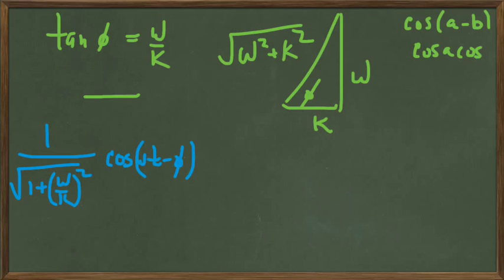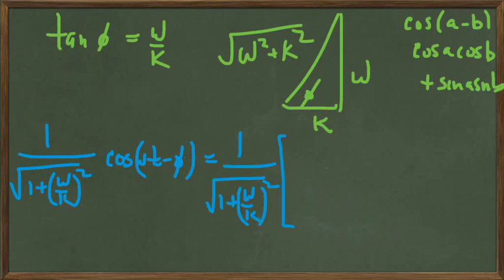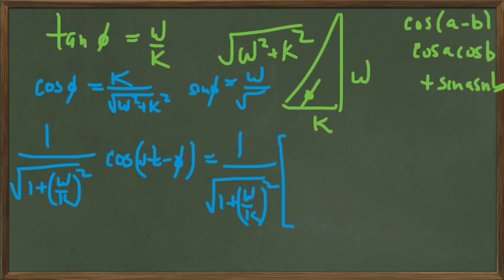Cosine A, cosine B, plus sine A, sine B. And so what does that give us? So back to the triangle, the cosine of phi would be the adjacent over the hypotenuse, which would be this, and the sine of phi would be almost the same thing, but with omega in the numerator, right?